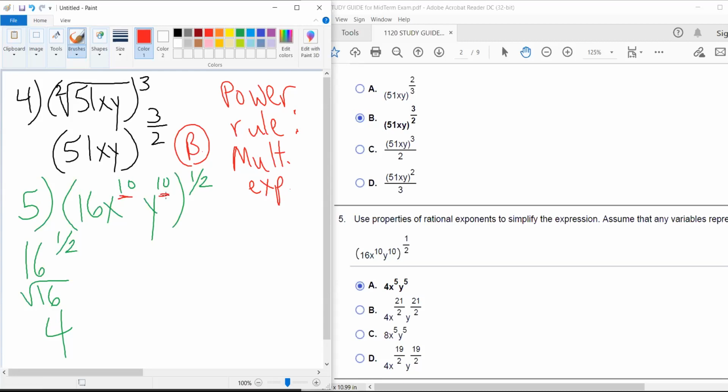So for both x and y, you'll multiply 10 times 1/2. Well, 2 can go into 10 5 times. So each exponent now is 5. Final answer, correct answer is A.